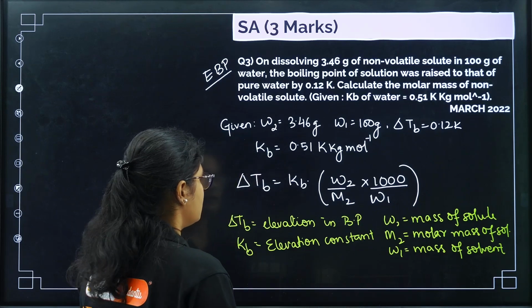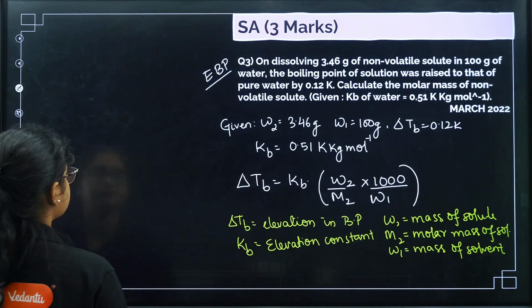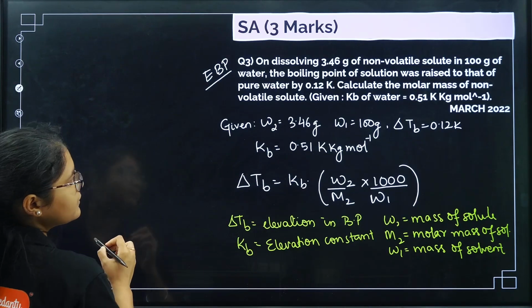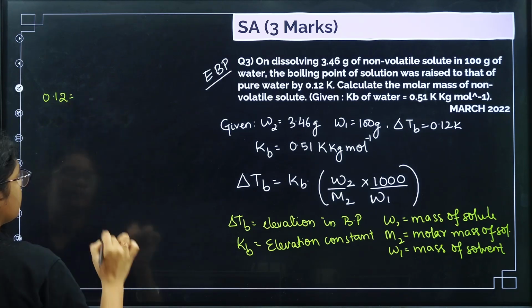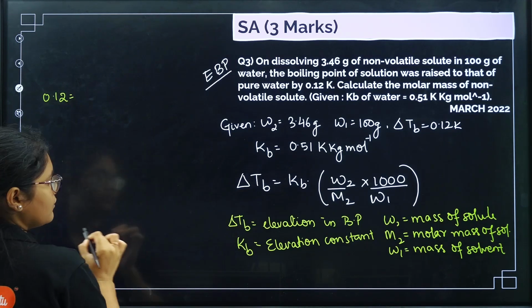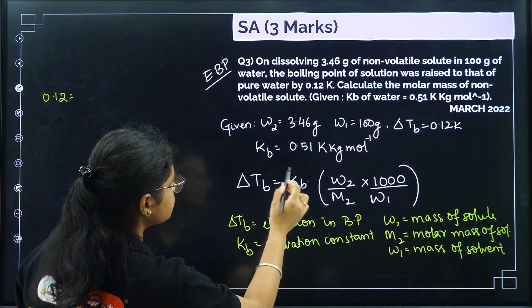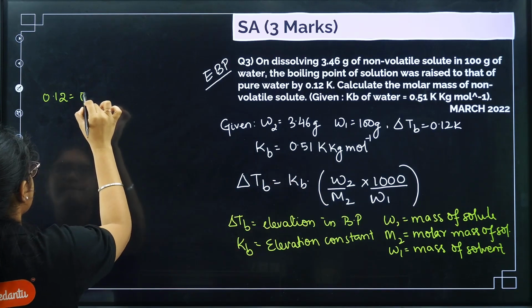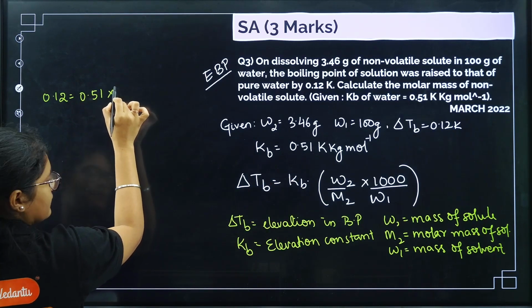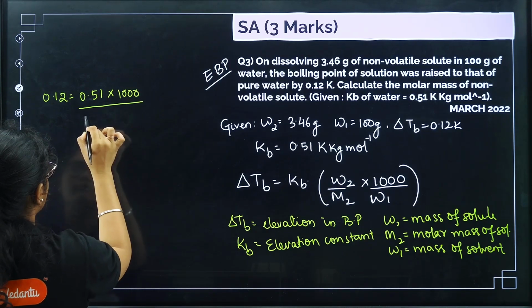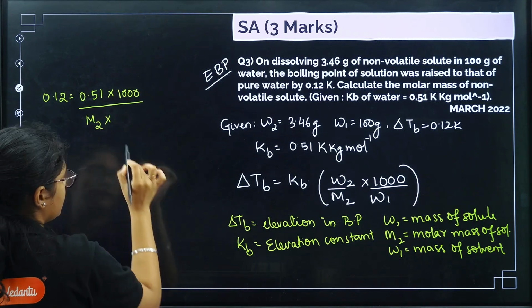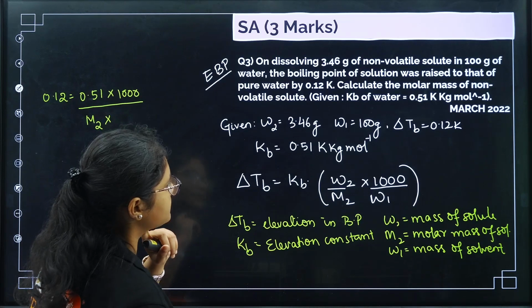Done, written. Now step 3 is the substitution. So we'll do, that is delta TB is 0.12 Kelvin. Okay, then you have Kb is equal to 0.51. Okay, then you have 1000 by M2, we need to calculate into mass of the solvent is 100 gram.